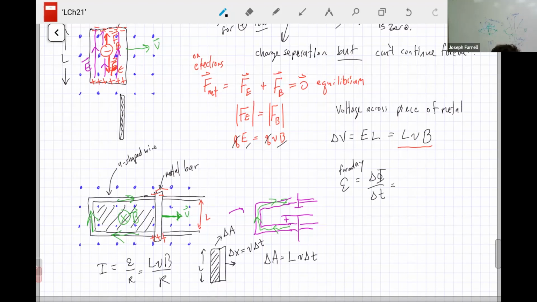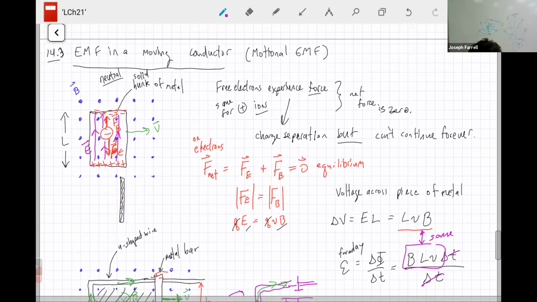So if I want the change of flux in time, I have B L v delta t over delta t. The delta t's cancel, and I get that same BLv again. So you get the same thing using Faraday's law or this idea of motional EMF.